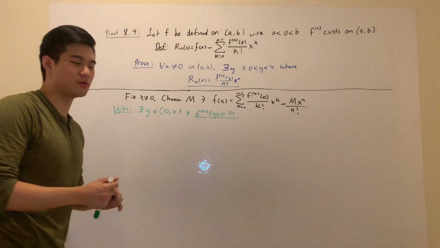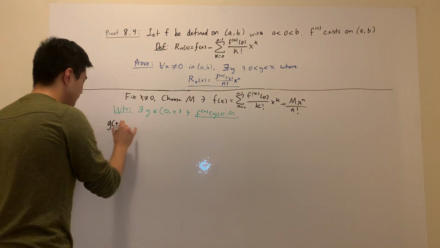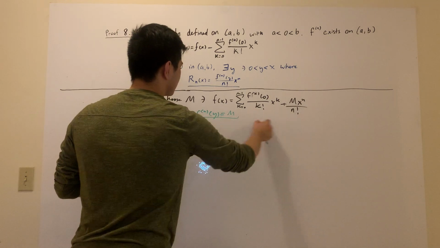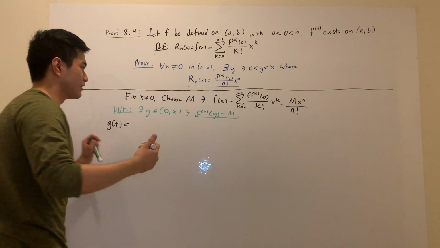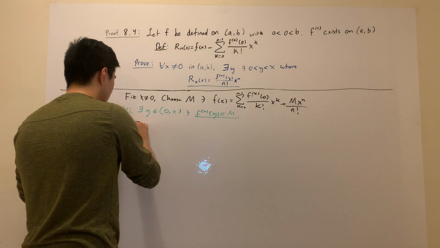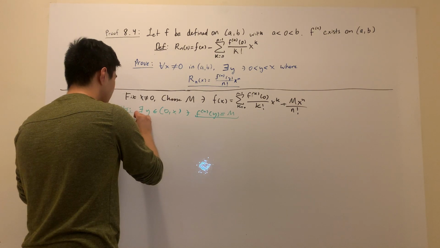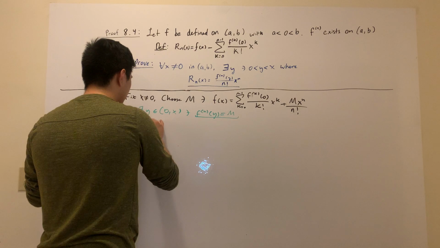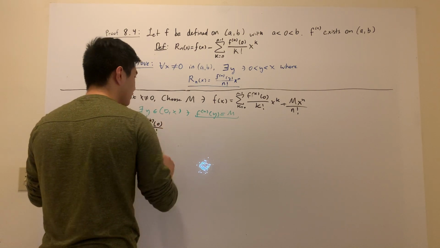So the first thing we're going to do to prove this is set a function g of t to be equal to f of t. So we're going to take this, but in terms of t, and subtract f of t from it again. So this is still the sum from k equals 0 to n minus 1 of the kth derivative of f at the center 0.